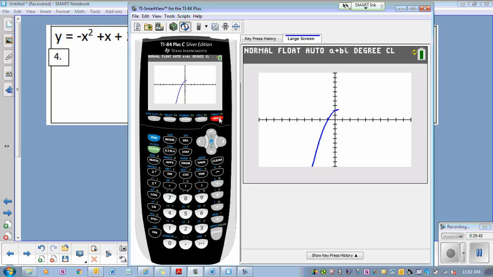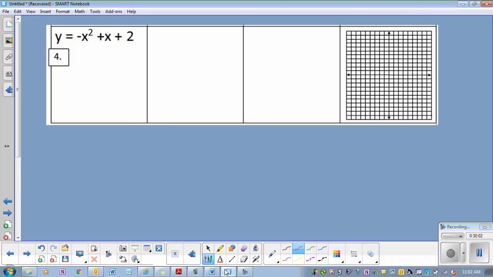Alright, graph this. Oh, my x-intercepts look like they're at where? Negative 1 and 2? Okay. Perfect, thank you.